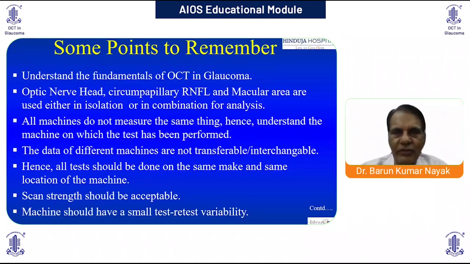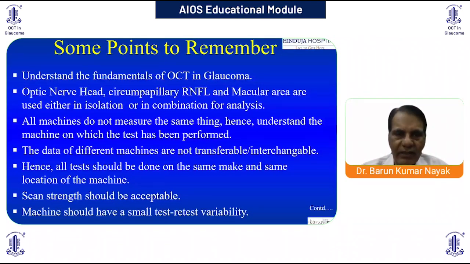Some of the points we must remember whenever we are using OCT. First of all, understand the fundamentals of OCT in glaucoma, which I am sure will be explained properly in this entire series. What does it scan?